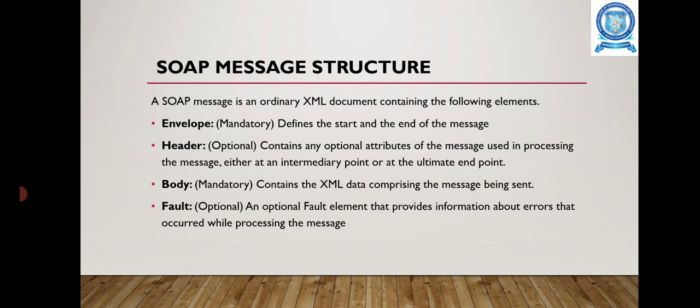It contains any optional attribute of the message used in processing the message either at an intermediary point or at the ultimate end point. Body is one of the mandatory parts. It contains the XML data comprising the message being sent. Next, fault. This is one of the optional fields. An optional fault element provides information about the error that occurred while processing the message.